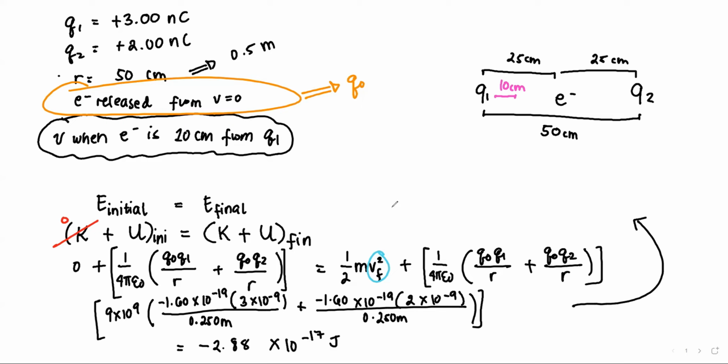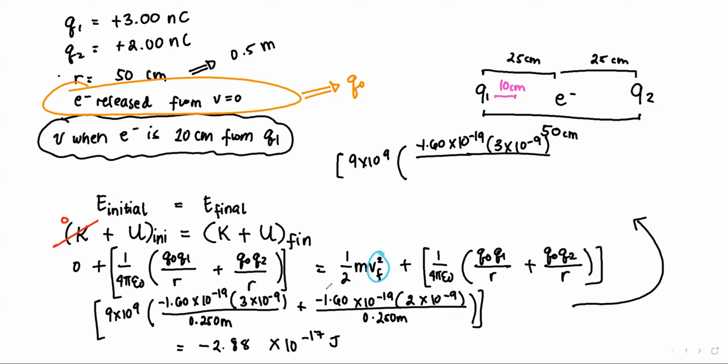Okay, so here I have the same thing. Let's just see what's going to be the difference. Negative 19. Oh, there would be a difference in radius. Initially that's the case, and then finally that would be 9 times 10 raised to 9. This is Q naught, Q1, so that's the same: negative 1.6 times 10 raised to negative 19, multiplied to 3 times 10 raised to negative 9, divided by, this time is quite tricky.